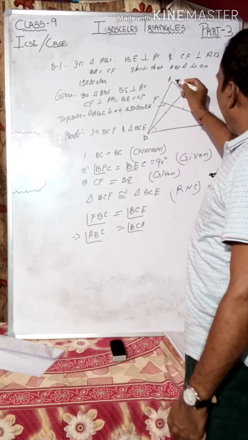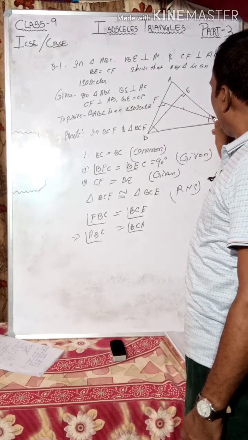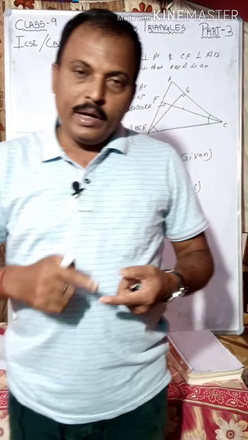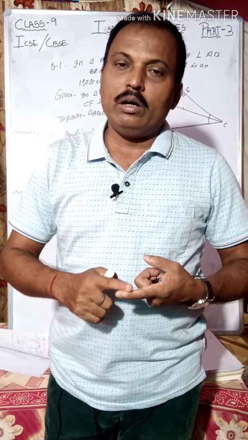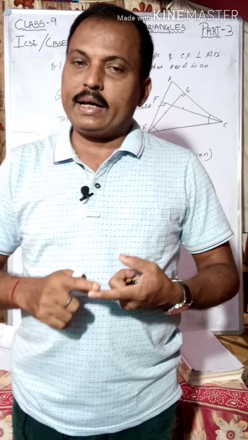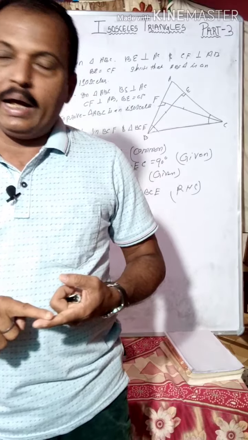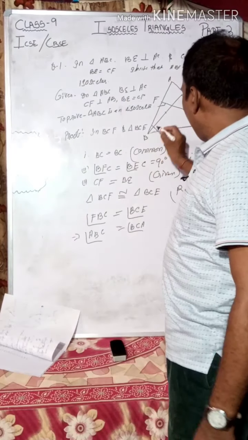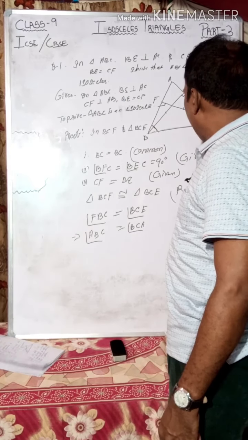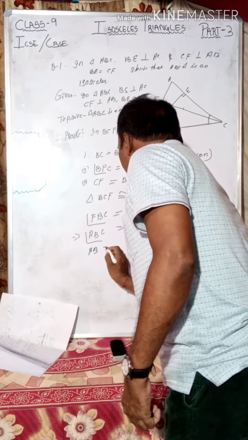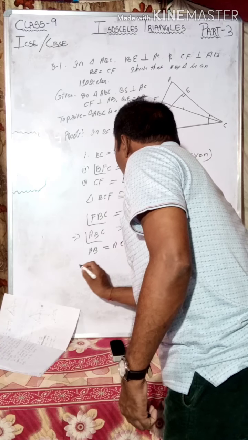Now look, in this triangle, this angle is equal to this angle. We already know from your second theorem that if two angles of a triangle are equal, then the sides opposite to them are equal. So AB is equal to AC.